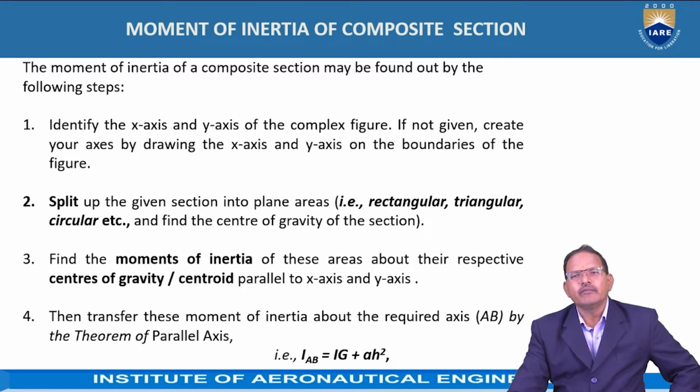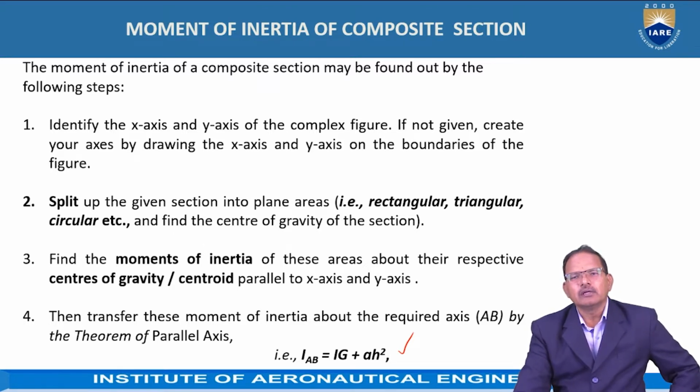Then transfer the moment of inertia of that entire area to the reference axis by using the parallel axis theorem, that is I_AB = I_G + A h squared. Here I_AB represents the moment of inertia about the reference axis, which, according to our discussion, is treated as the x-axis and the y-axis, and I_G is the moment of inertia of each section about its central axis.